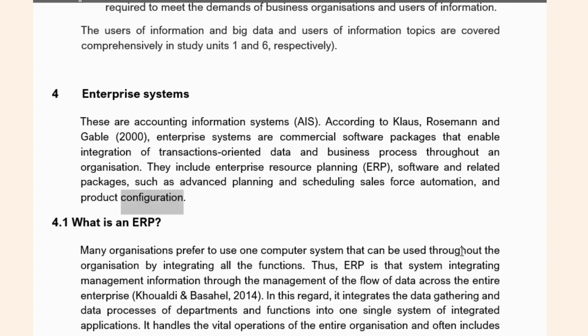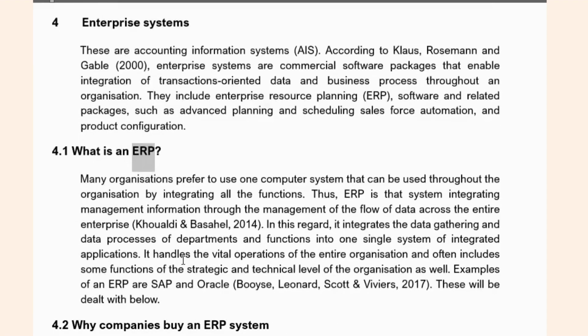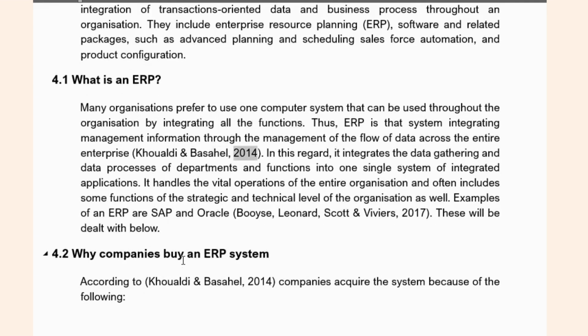4.1 What is an ERP? Many organizations prefer to use one computer system that can be used throughout the organization by integrating all the functions. Thus, ERP is that system integrating management information through the management of the flow of data across the entire enterprise, Quality and Basahel, 2014.